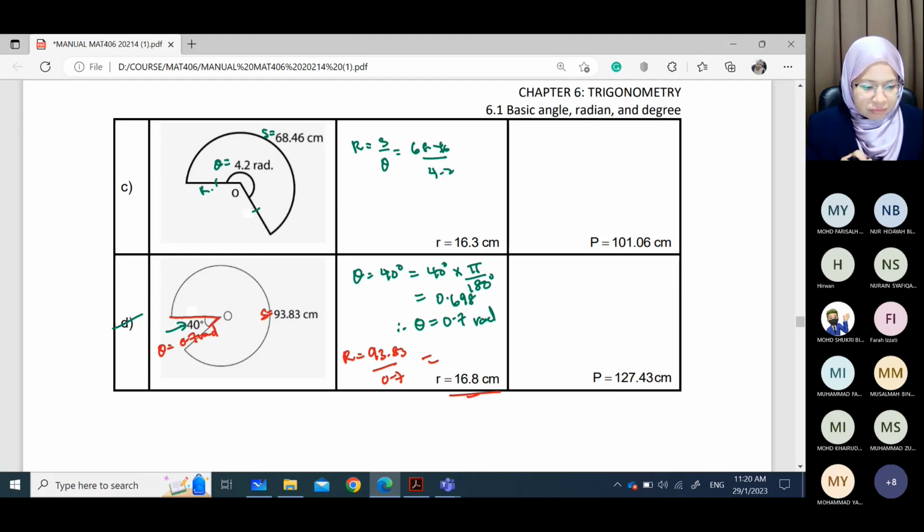Baik. 9.83 divided by 0.7 in terms of radian. Sekejap. Radius S equal to R theta, so R is S over theta. Okay, 68.